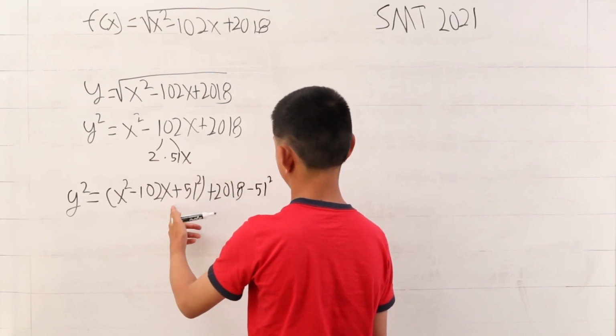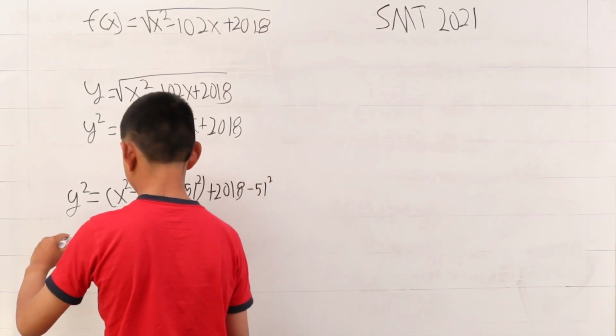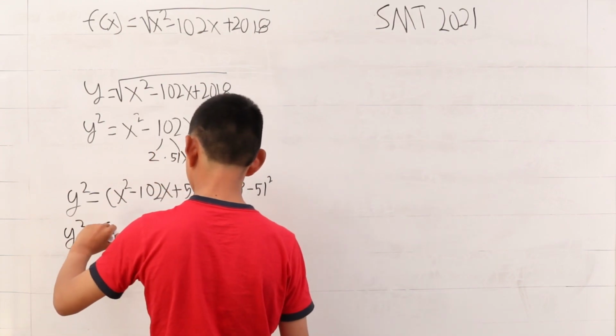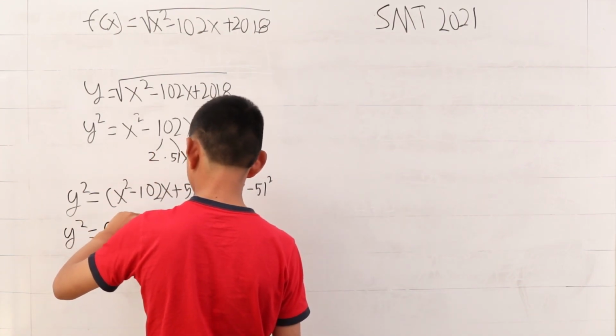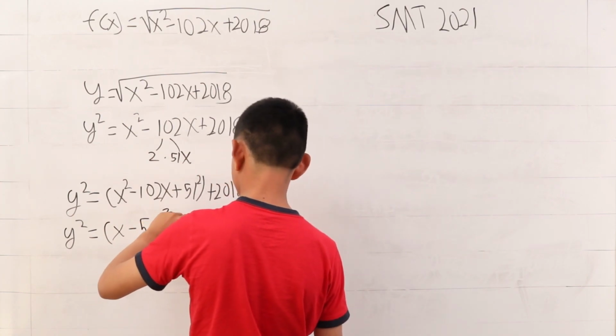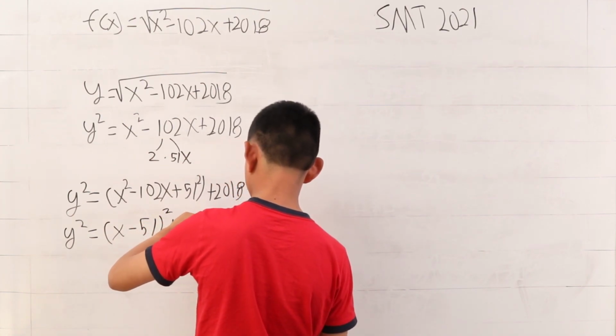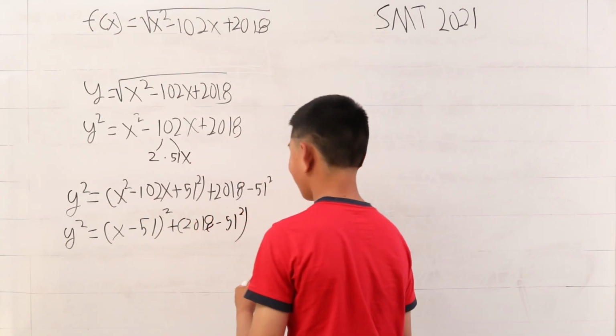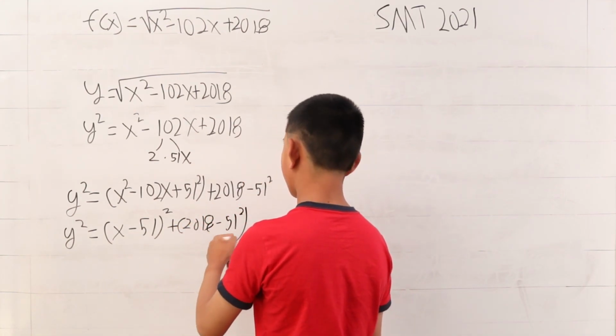So now we can factor it out. y squared is equal to x minus 51 squared plus 2018 minus 51 squared. So now we can actually solve this.